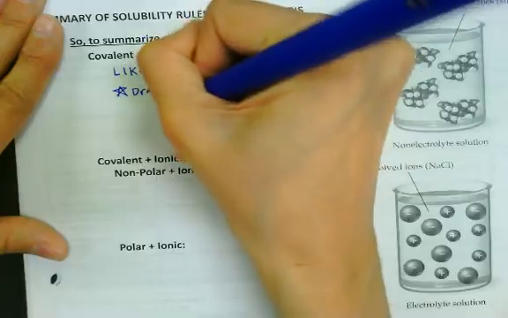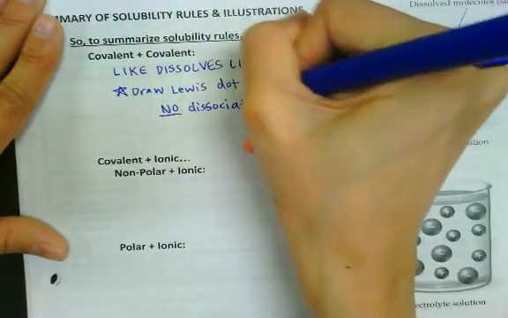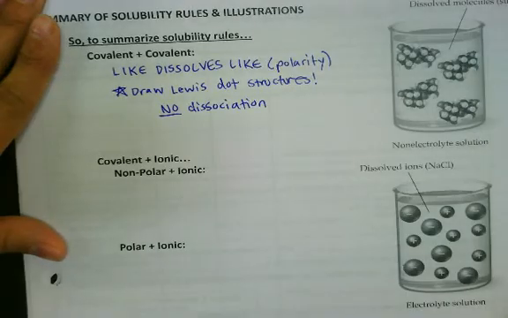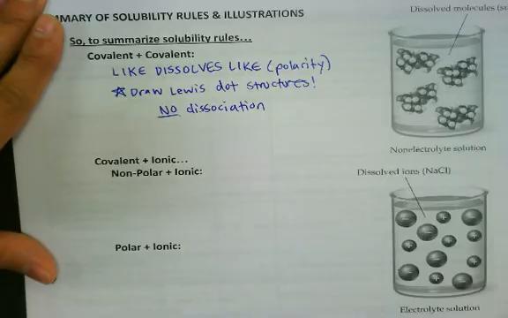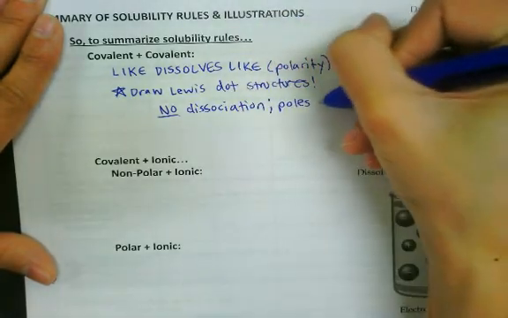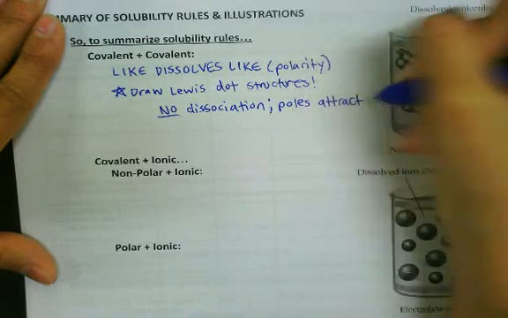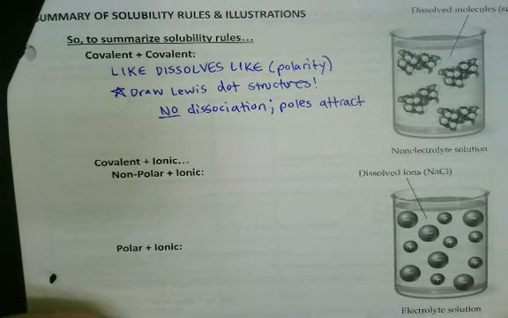There is no dissociation. You are not going to do what we just did with that ionic example. You're not going to show ions forming. There's no dissociation because these are covalent compounds. You are going to instead show oppositely charged poles attract. One partial positive pole will attract to another's partial negative pole on a different molecule.